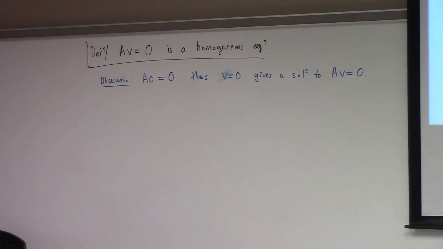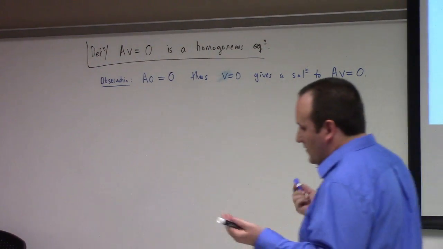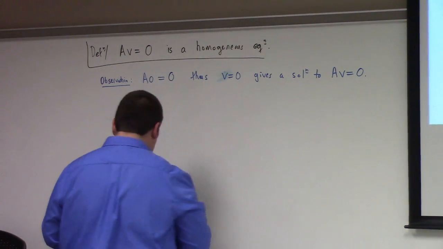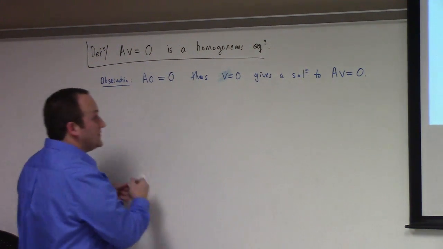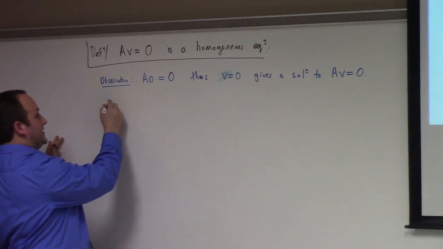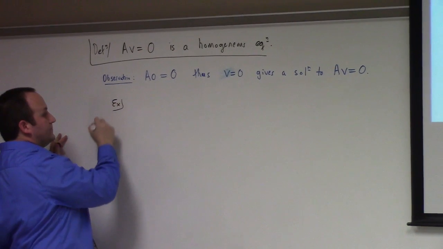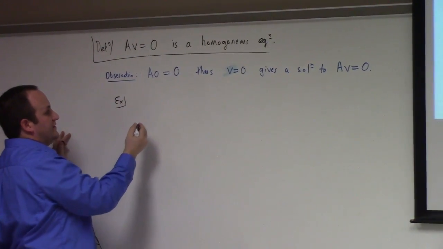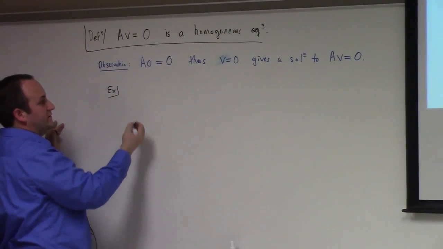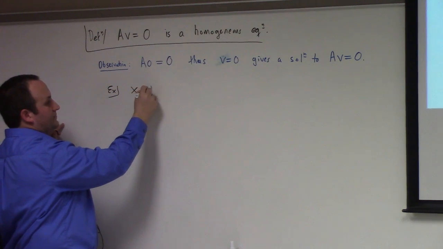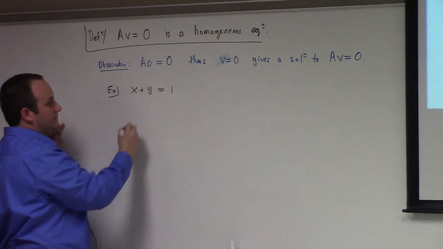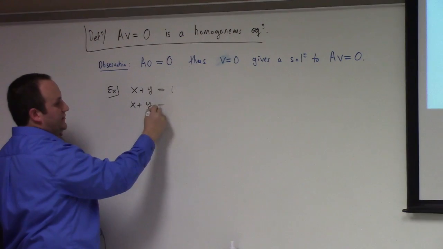On the other hand, if you have a system of equations, you may have no solutions, right? Let's look at an example of that. I'll keep it pretty simple here just for the first few minutes, just to get us grounded. What's an example of a system of equations that has no solutions? How about this? x plus y equals 1, x plus y equals 0.